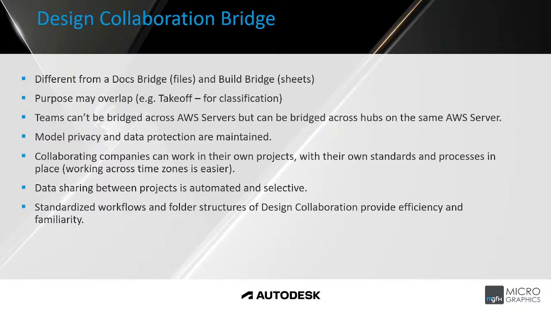If necessary, somebody would have to purchase a new contract with Autodesk to establish a new hub on the relevant service, and then you can bridge. But it does present a challenge. Be aware of that at the beginning before you make plans.